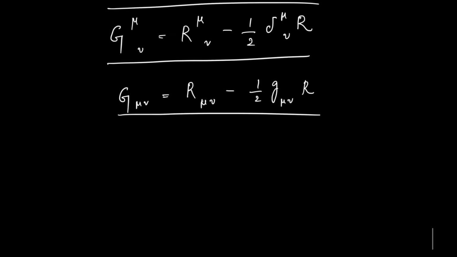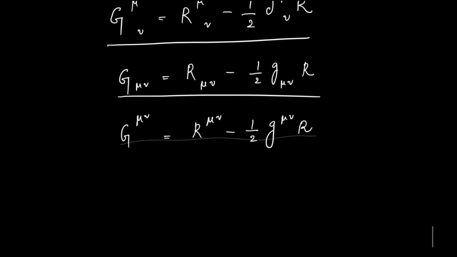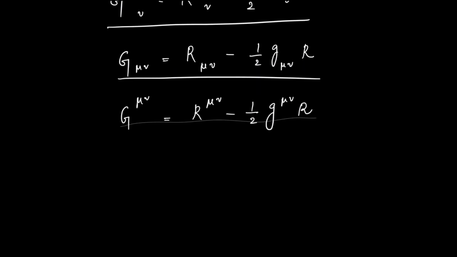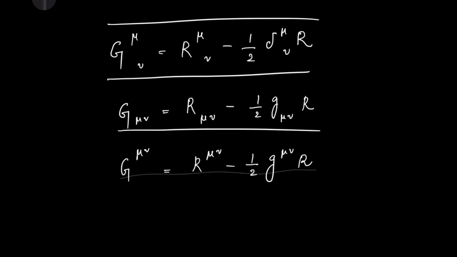Now the fully contravariant form I can also write. G^mu nu is equal to R^mu nu minus half g^mu nu R. And I can equate this to gamma T. So in the first case it will be the mixed case, gamma T^mu_nu.